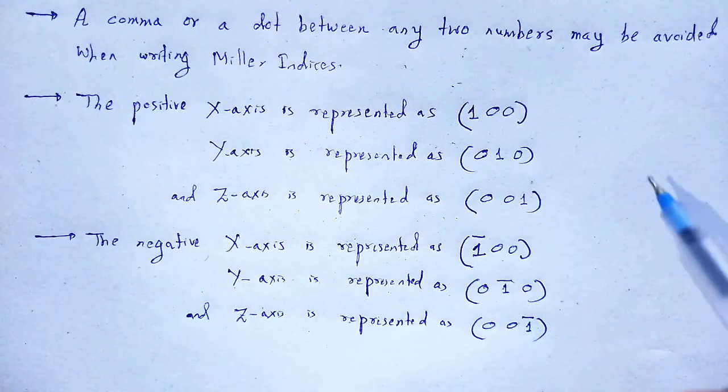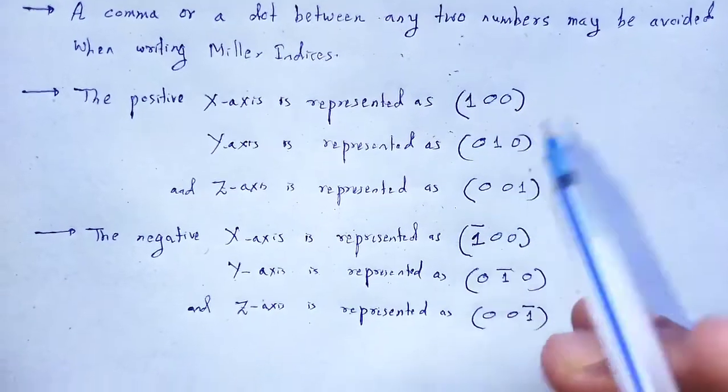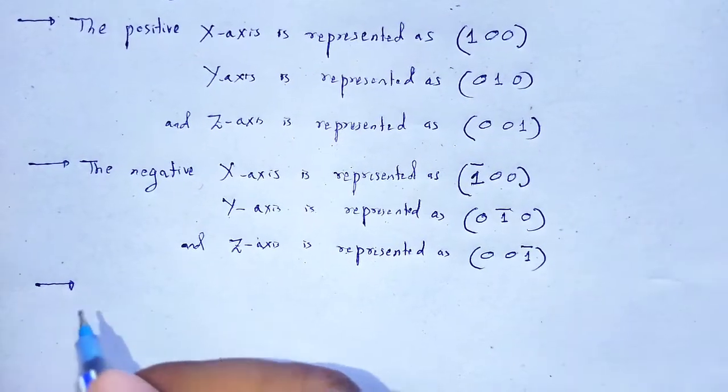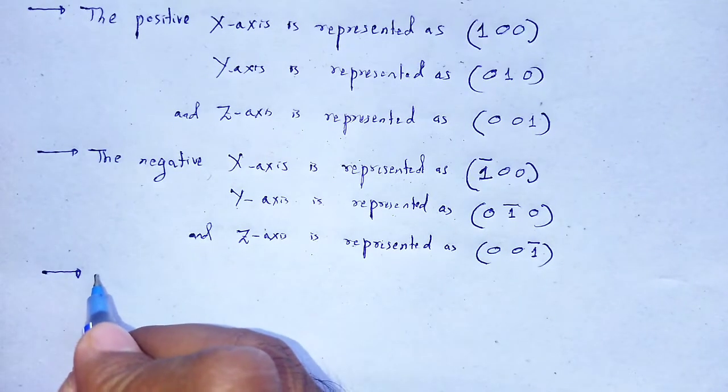So, how do we read a Miller indices? Let the Miller indices of a particular plane be given.